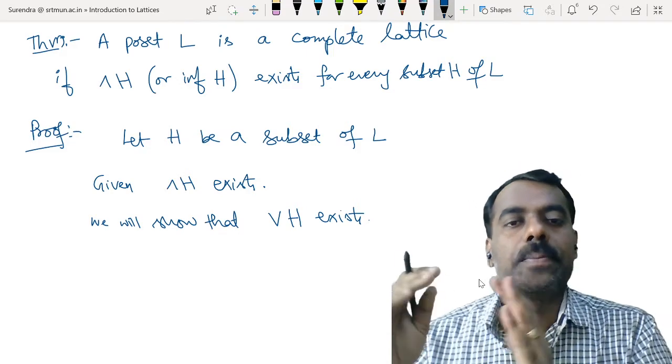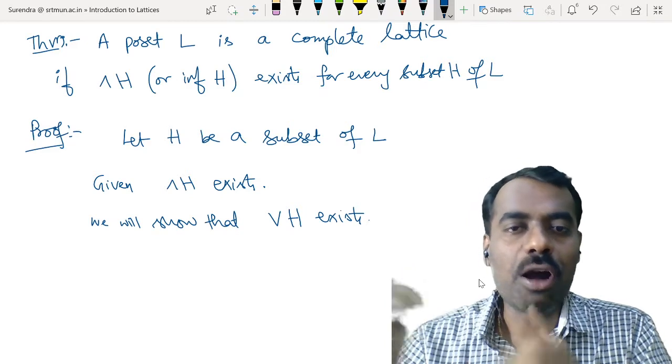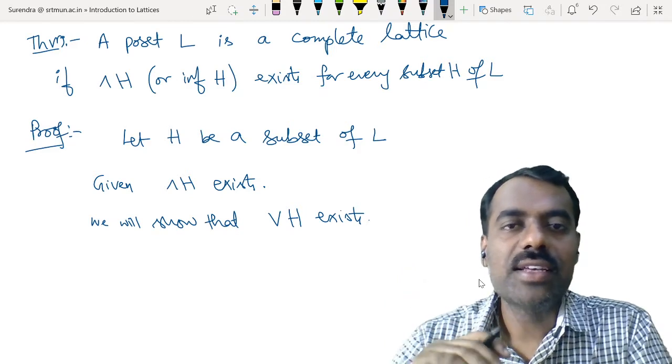The idea is simple. You take all upper bounds of H, then among all upper bounds you take the least one.